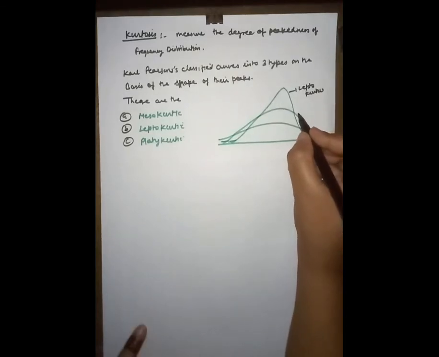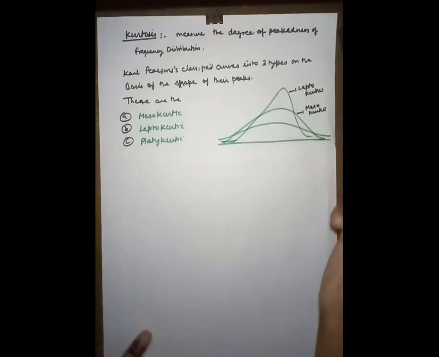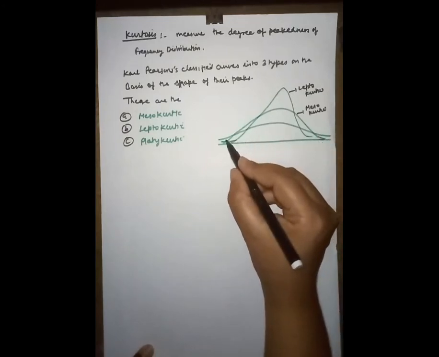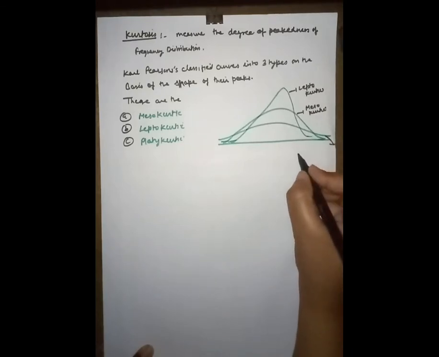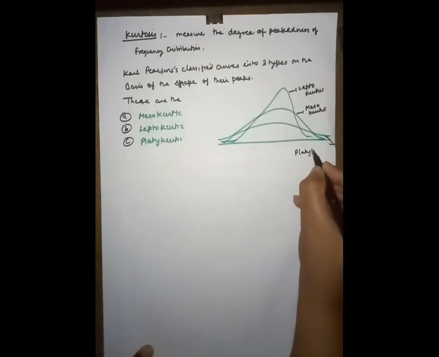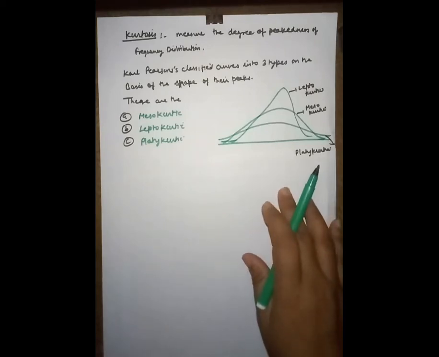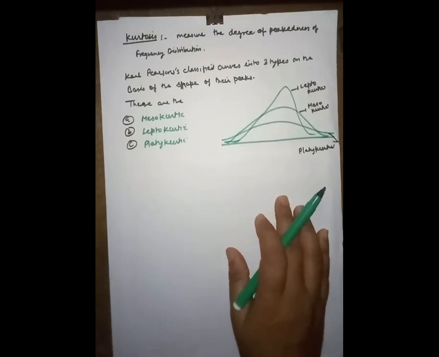This middle one is known as mesokurtic. And because this one is flat, this curve is known as platykurtic. So we have leptokurtic, platykurtic, and mesokurtic curves.